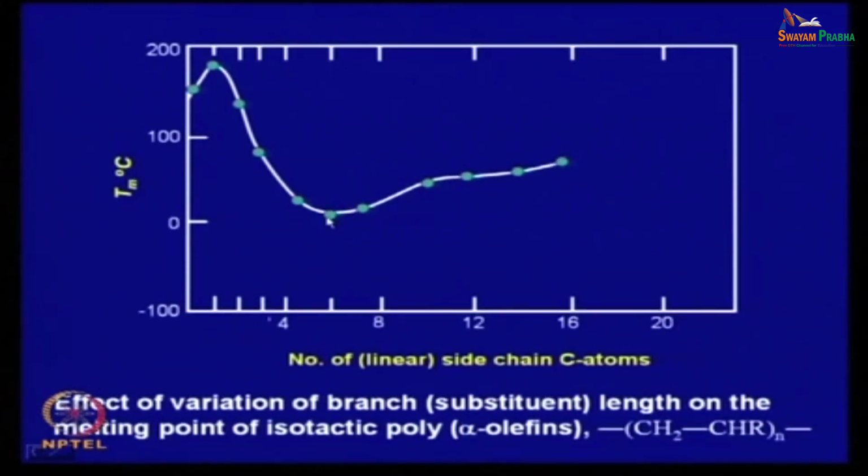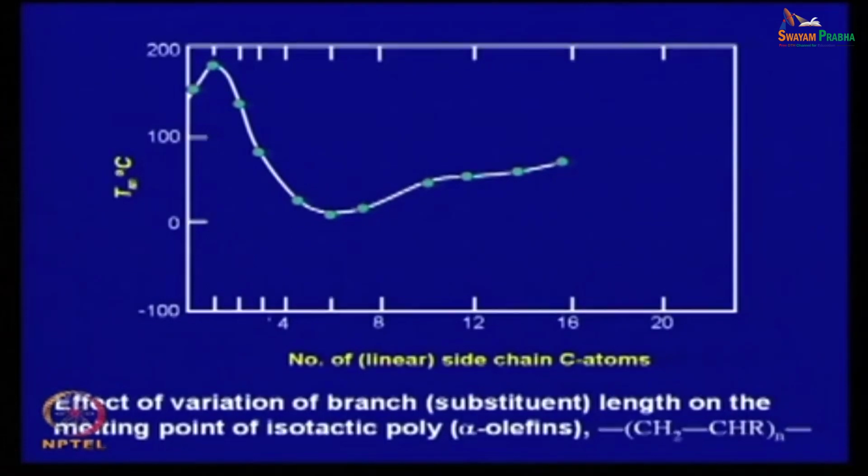After passing a certain length of the branch, if it goes beyond that, what happens? It behaves like a linear molecule. That means it can arrange in alignment with the main backbone chain. So it shows an increasing trend of melting temperature beyond a certain number. So, these are the things we will find.